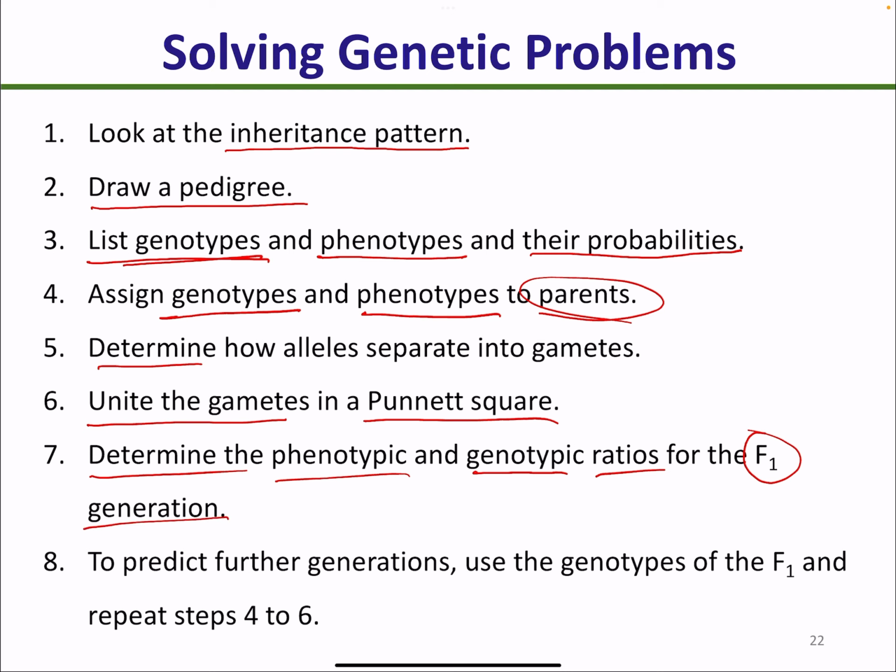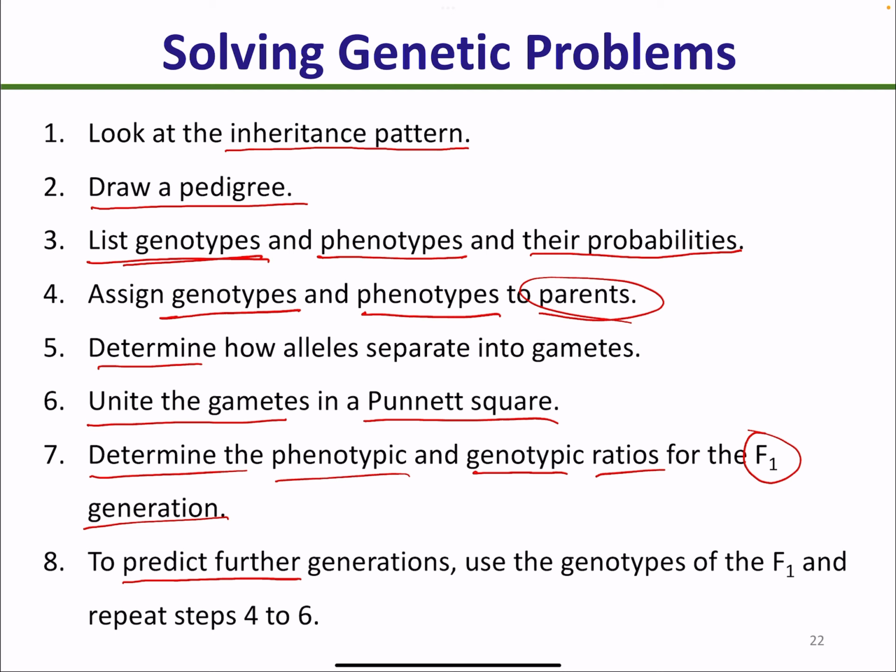And as we are done with that, then we are going to predict for the F2 generation and F3 generation and so on and so forth. But we have to follow the same steps as we go from one generation to another generation.